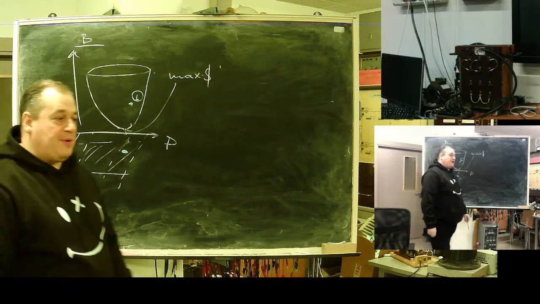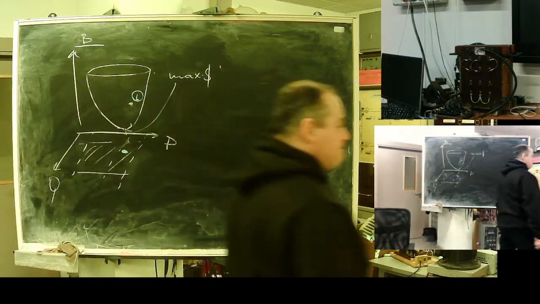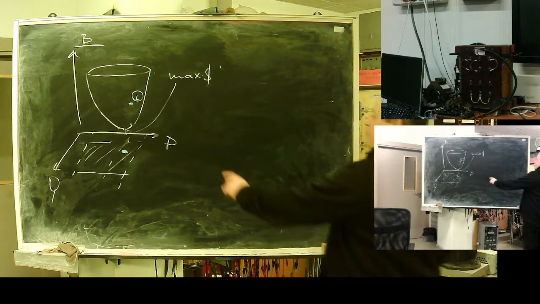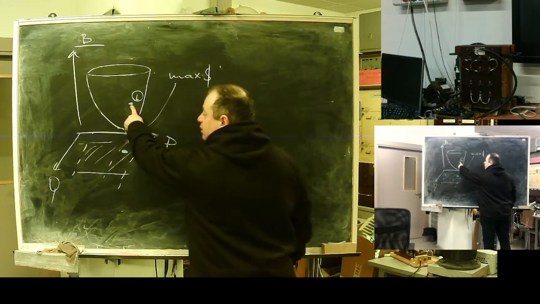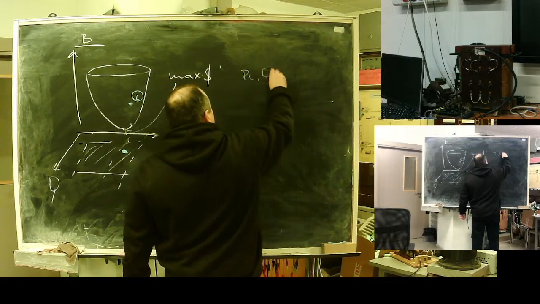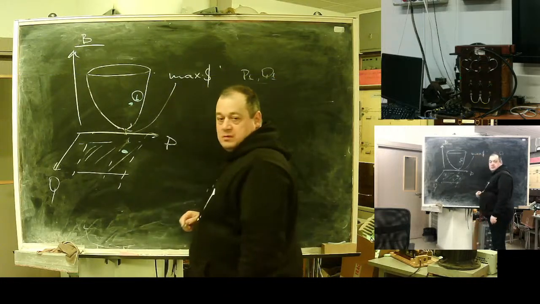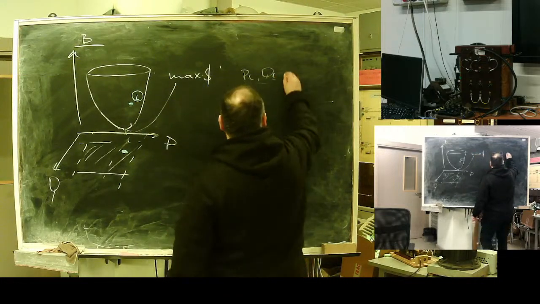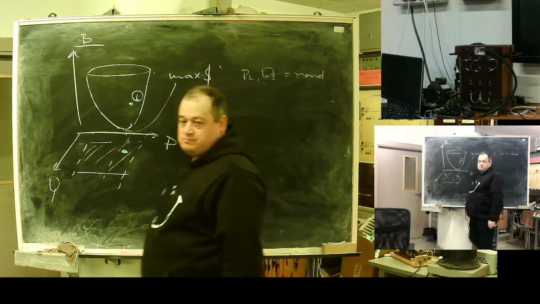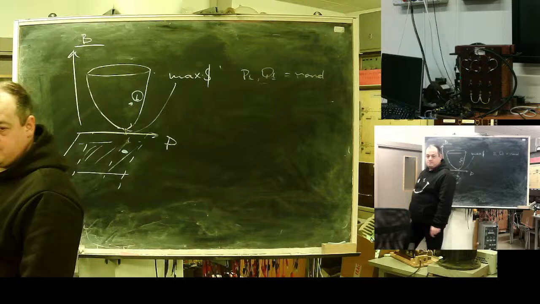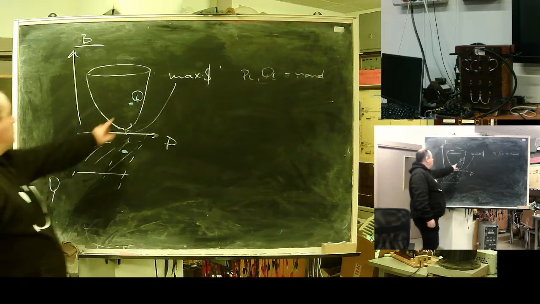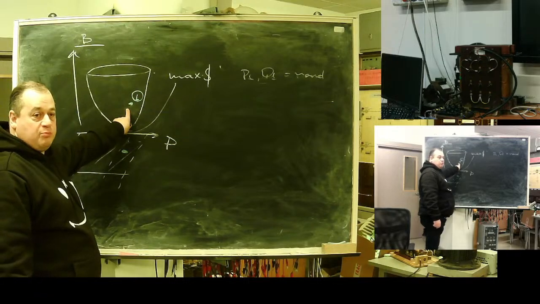I need to compare it with the best, but first, what's point 1? Point 1 means P1, Q1. I generated it randomly. I have a randomly generated point.